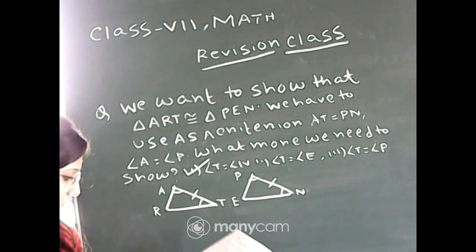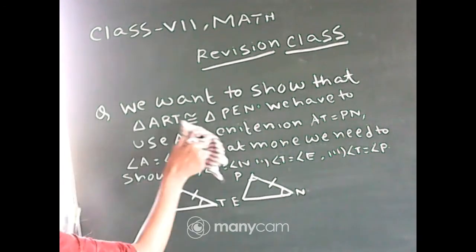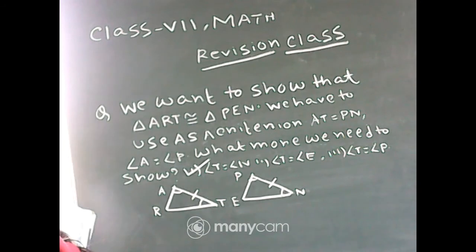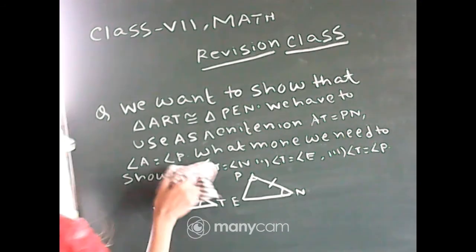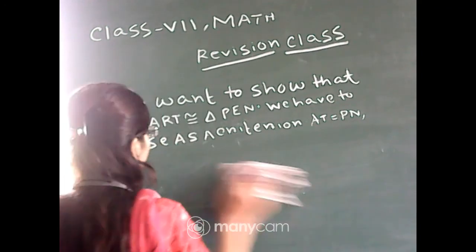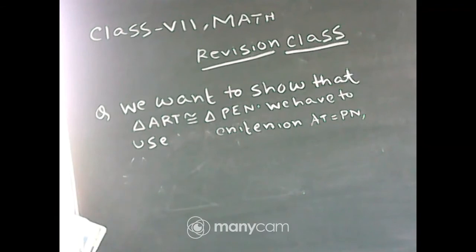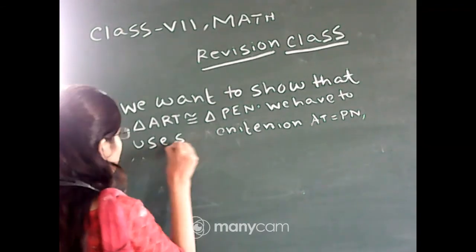Next question is, we want to show that triangle ART is congruent to triangle PEN, and we have to use side angle side criterion.